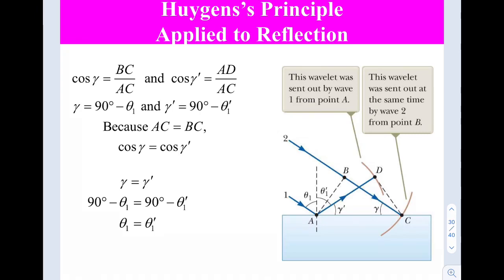Because both ray 1 and ray 2 move with the same speed, we must have AD equivalent to BC equivalent to C delta T. The basic idea, AD equivalent to BC equivalent to C delta T.